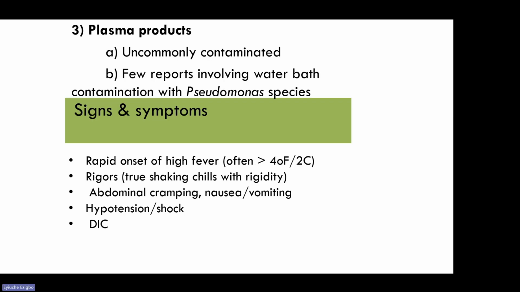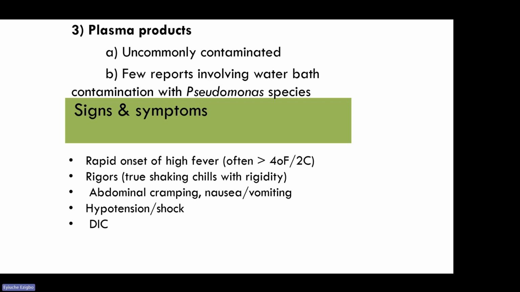Plasma products are not commonly contaminated, and few reports are linked with placing the plasma in a water bath. The contaminating species are mostly Pseudomonas species. Okay, the signs and symptoms of bacterial contamination of blood products. We have rapid onset of high fever.